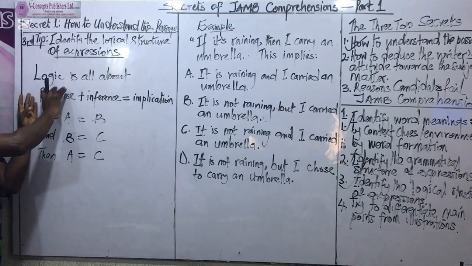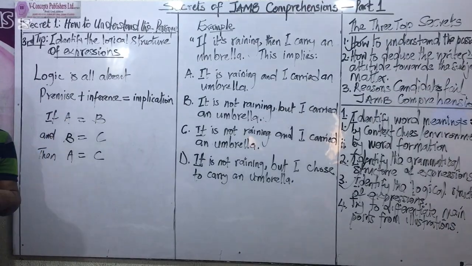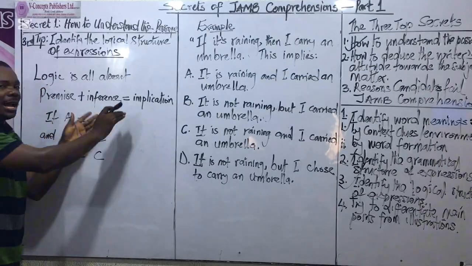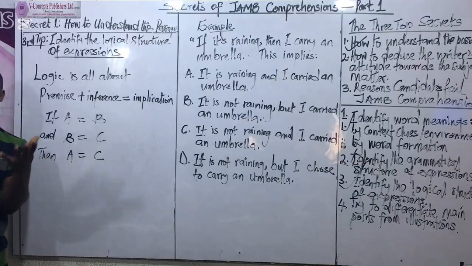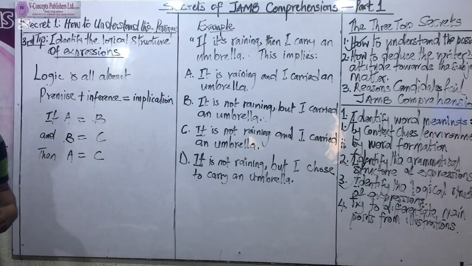Premise is the information that they are going to give you, maybe the main point in the expression. Let's say, for example, a loose expression, which has a main point at the beginning. And then the inference is probably the illustration or the subordinate part of that loose sentence.